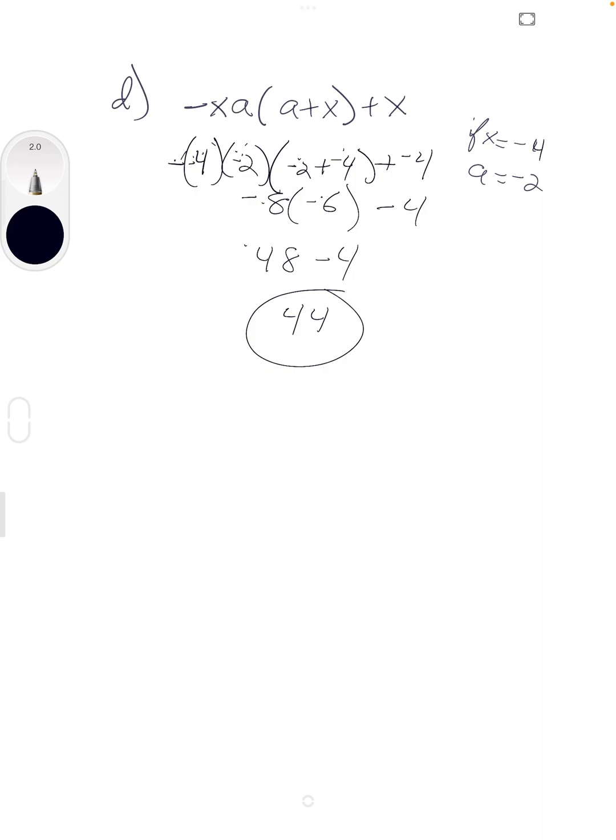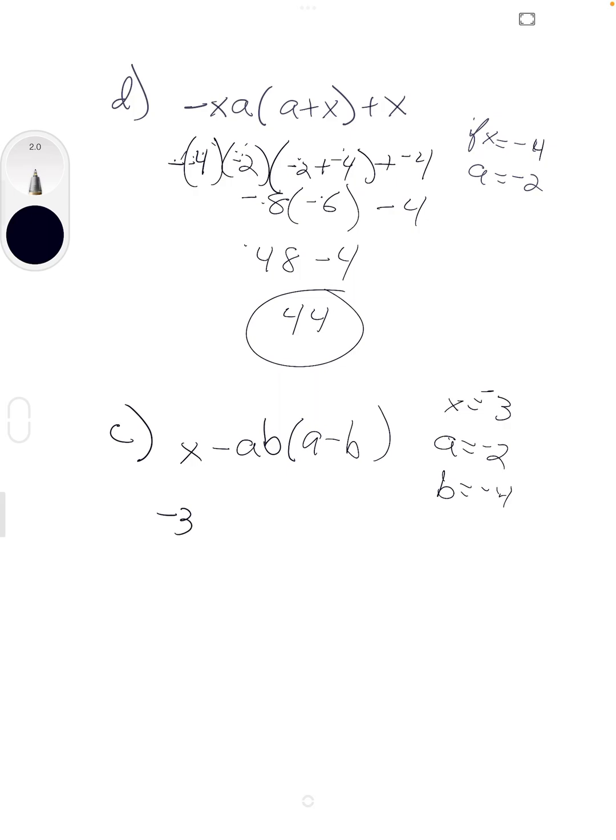One more last time, just to make it clear, this is letter C. This is X minus AB, A minus B. And that's if X is equal to 3 and A is equal to negative 2 and B is equal to negative 4. So I'm going to do this one using how I would normally write this time.